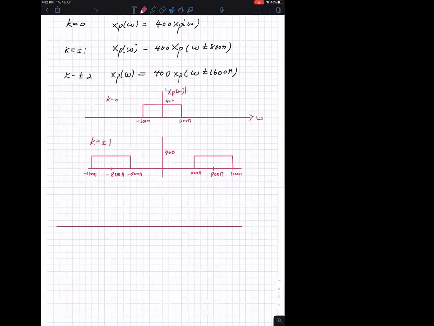But actually 2 is sufficient in this case. So k is plus minus 2, you're going to end up at plus minus 1600.